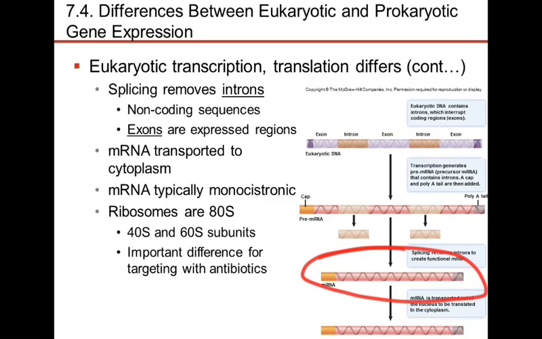Okay, and that's the reason that we put that cap on, and that's the reason we put the poly-A tail on, right? We talked about that last time to protect it from the nuclease. So all of this process happens in the nucleus. All of this takes place in the nucleus before the messenger RNA starts to move its way to the ribosomes out in the cytoplasm.